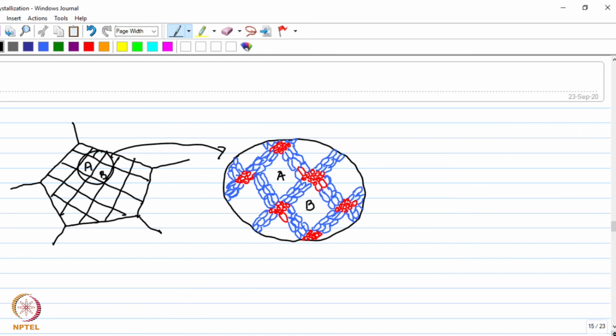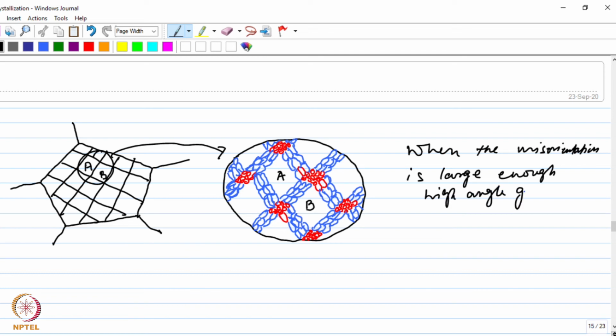Okay, and when the misorientation across these boundaries is large enough, then high angle boundaries will develop. And new equiaxed grains will form.